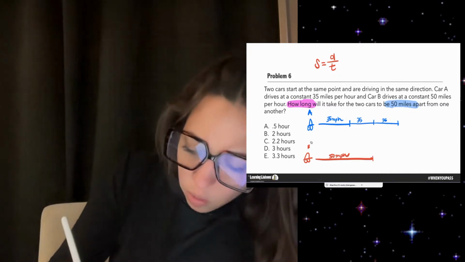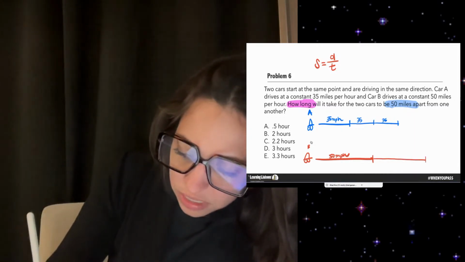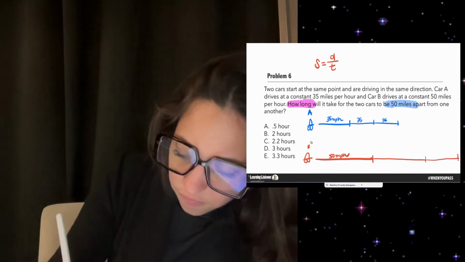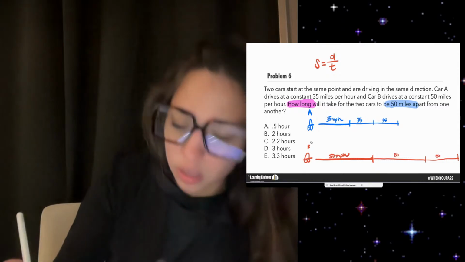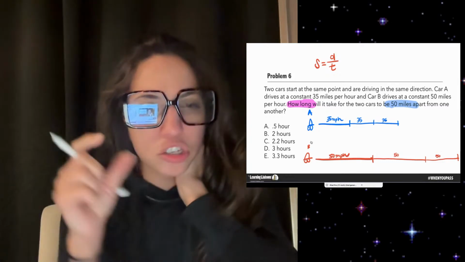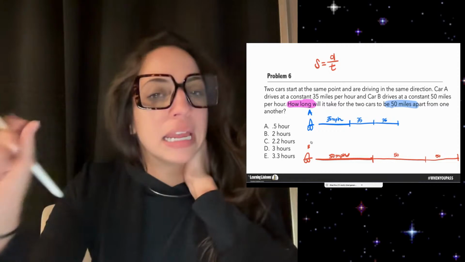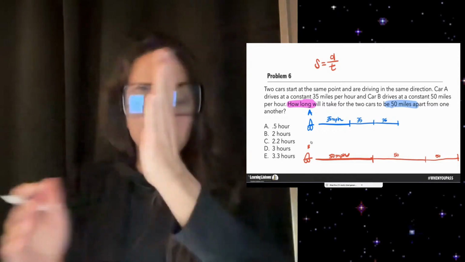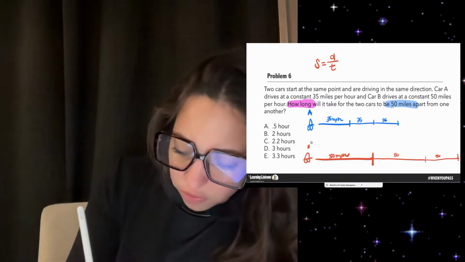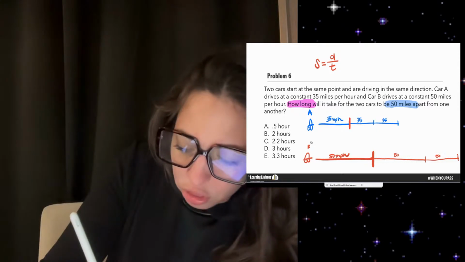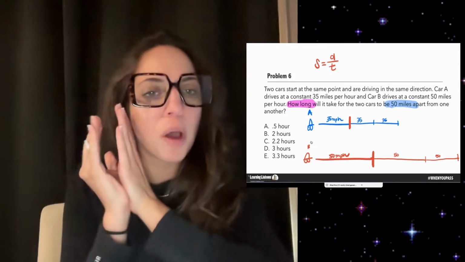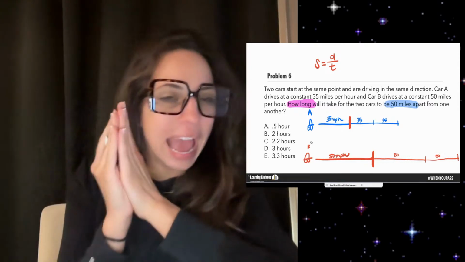And each hour, this car is going 50, 50, 50. How many miles apart are they separating each hour? After the first hour, this car traveled 50 miles and this car traveled 35. How many miles apart are they after the first hour?